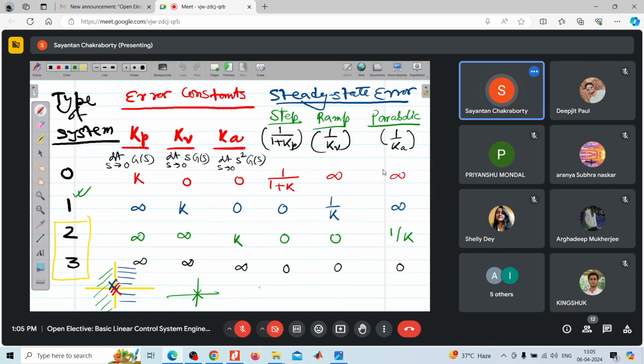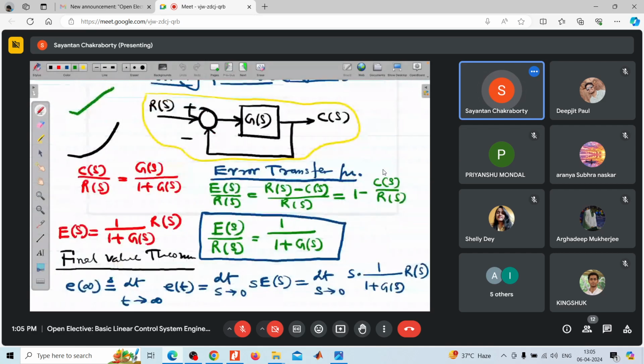And all this error analysis is based on the final value theorem. So that involves that this limit should exist. Or in other terms, the roots of sE(s) should lie in the left half of the s plane. If it is on the right half of the s plane, then it will not converge. See, the roots of sE(s) are nothing but the roots of C(s)/R(s).